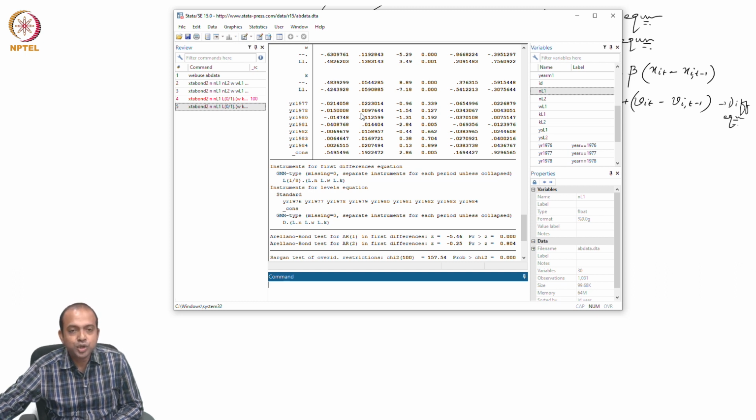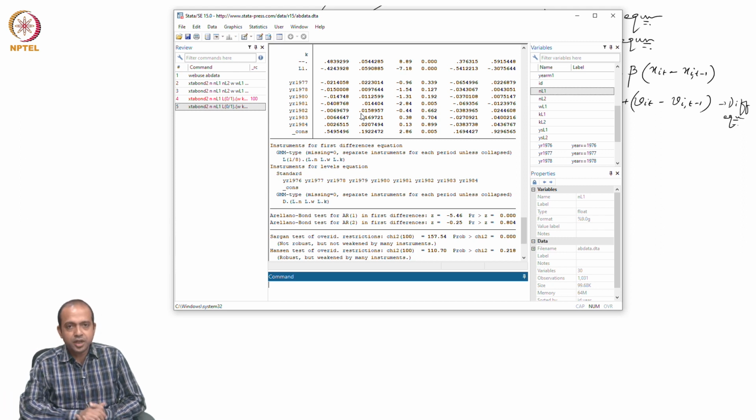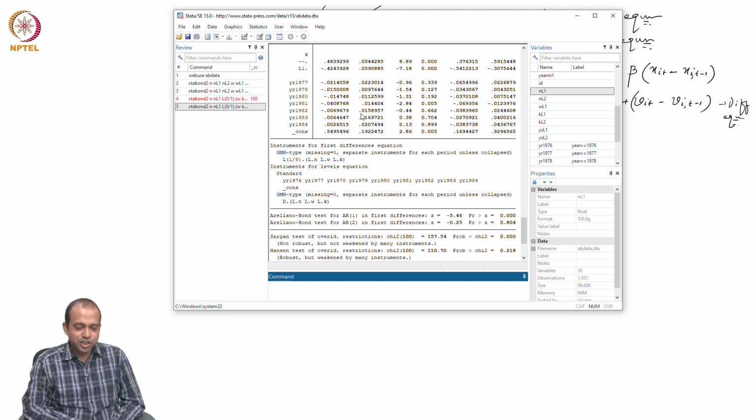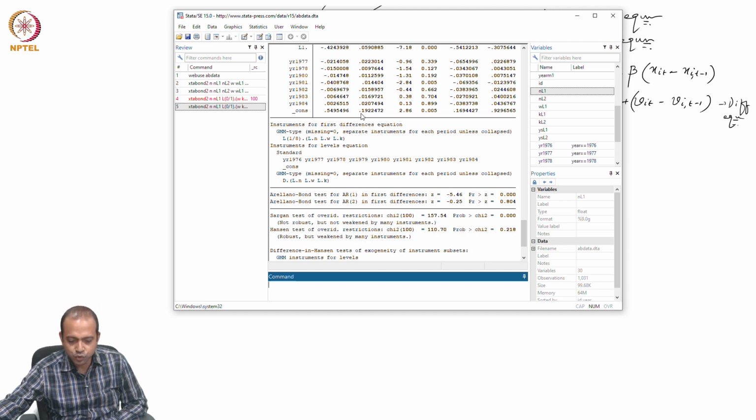We said that we will go for the Hansen test, which basically depends on the quadratic loss function or GMM criterion function, and then the test statistic is constructed from that quadratic loss function and the total number of observations n into q, and that follows again a chi-square distribution, and that works better in a context when you have too many instruments. And then if you go here, that Hansen test is satisfied.